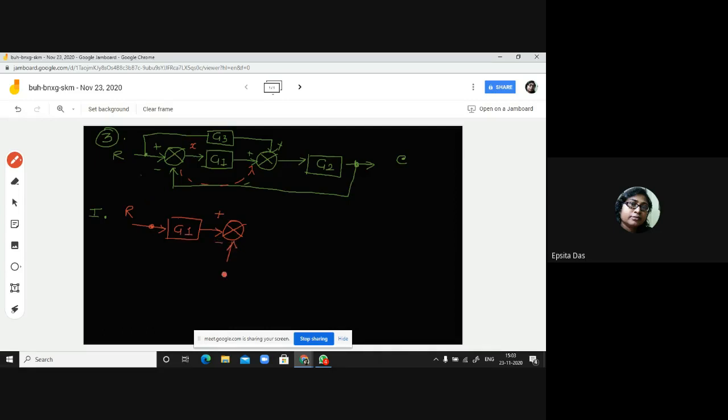So now what is not coming? The G1 is not coming. When this is coming through this way, G1 was coming with it. But now G1 is not coming. So I have to take the G1 in the feedback path. So if I draw the new diagram, it will be like this.